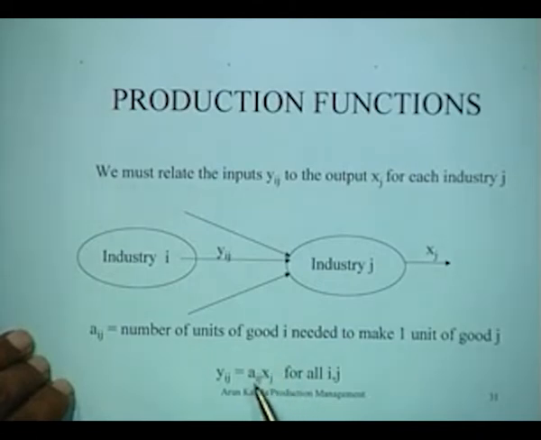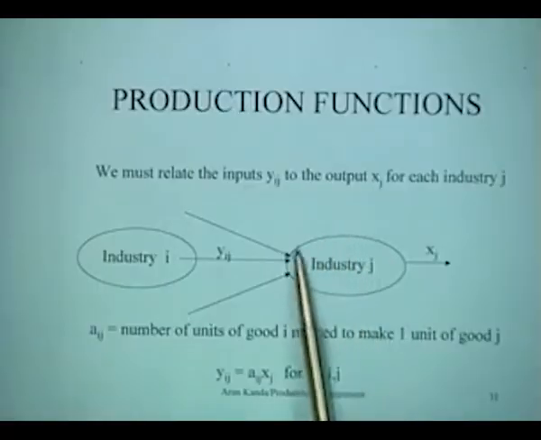What is the significance of this Aij? You can see from this equation that Yij divided by Xj would be Aij, and Aij would then have the interpretation of the number of goods I needed to make one unit of good J. If this sounds a little complicated, let us take a humorous example.